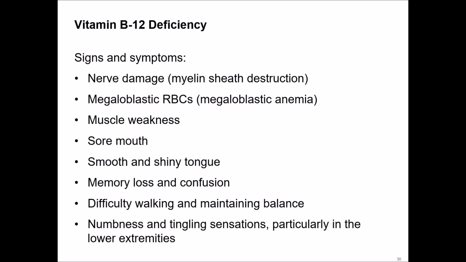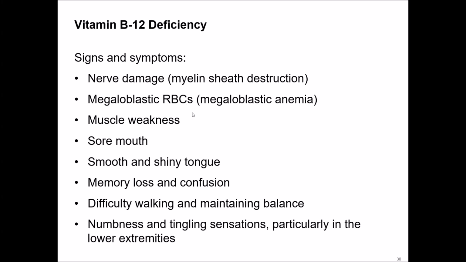It's not quite as uncommon as the B6 that we mentioned. So there are occasions where individuals lack B12, and many of these do go back to nervous system function. And again, that myelin sheath on the nerve axons, the nerve cells can get damaged.